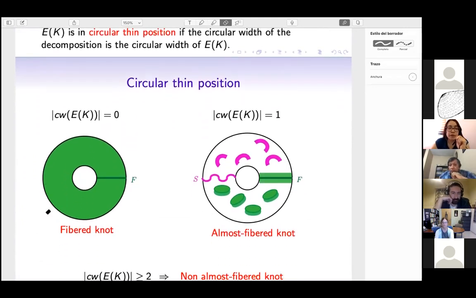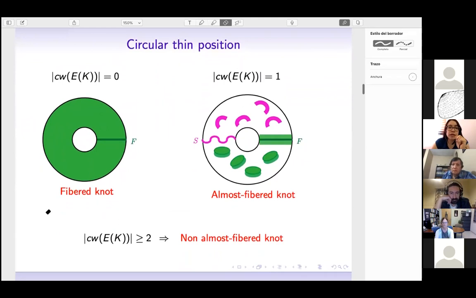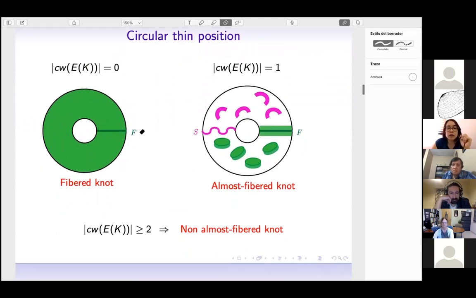Now we are going to classify the knots in terms of the size of the circular width. If the size of the circular width is 0, we have a fiber knot because it doesn't have a thick level.